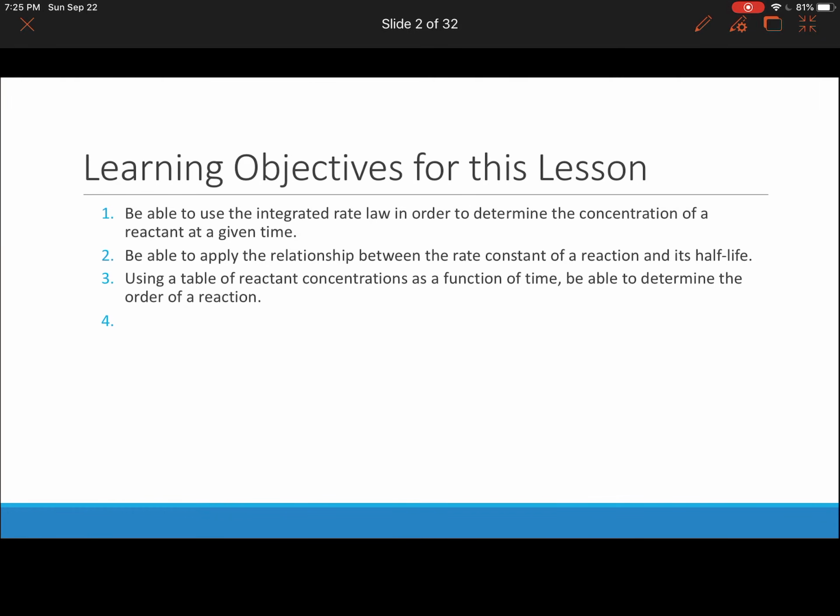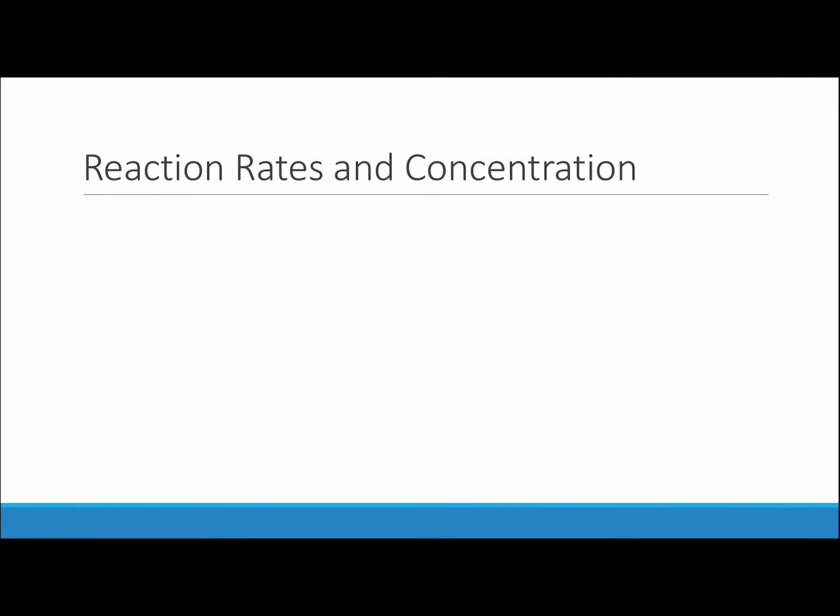So our relative rate law is what we looked at first. It is used to calculate a molecule's relative concentration change over time, and we can use that to base our rate on it. Remember, if we're talking about A going to B, it was negative delta A over delta T equal to our rate.